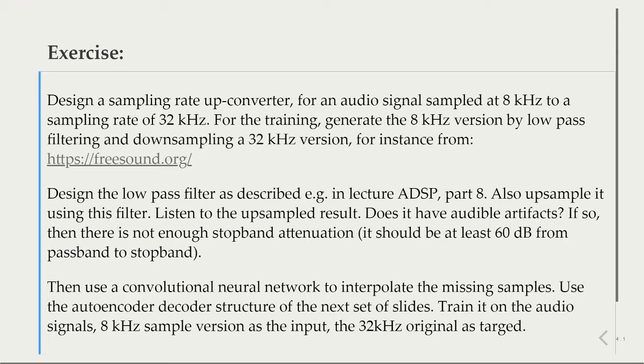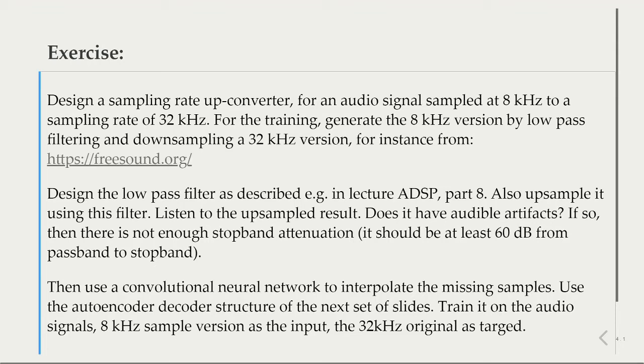So you can have, for example, audio samples taken from freesound.org. So the task is to design the low-pass filter as described, for example, in ADSP tutorial part 8, and also upsample it using this filter.